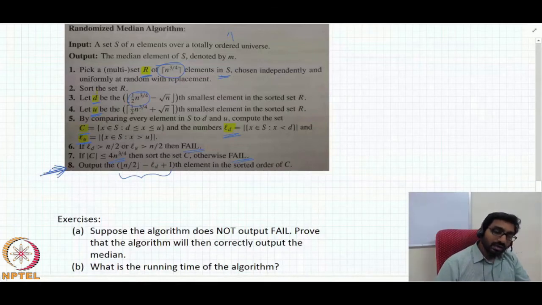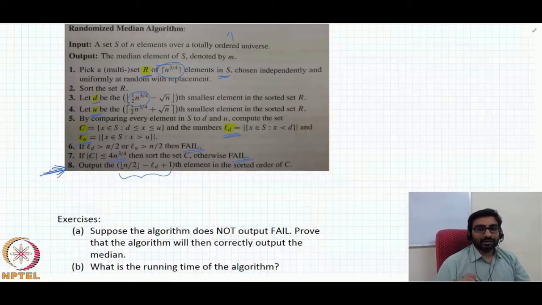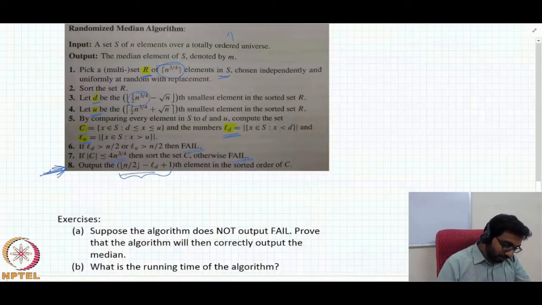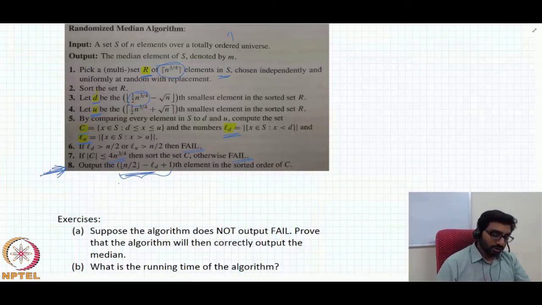Then prove that the algorithm will in fact correctly output the median. So that simply requires you to ensure that this particular element that we are outputting is in fact the correct median. So that's the first exercise for you. Just ensure that you're convinced that this is correct, and also convince yourself that the running time of this algorithm is at most O of n.